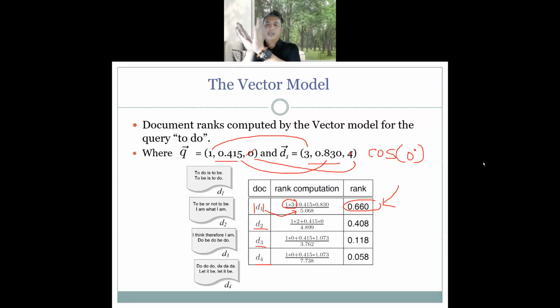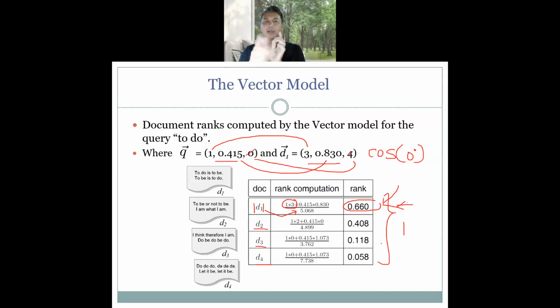1. Okay, so meaning that for D and Q, if the degree is zero, the maximum value is 1, right? So that's why you take the highest one here. The highest value that you can get for the ranking is 1. If in the calculation you compute 1.1 or 1.5, that means something is wrong with your calculation. It should not be more than 1.